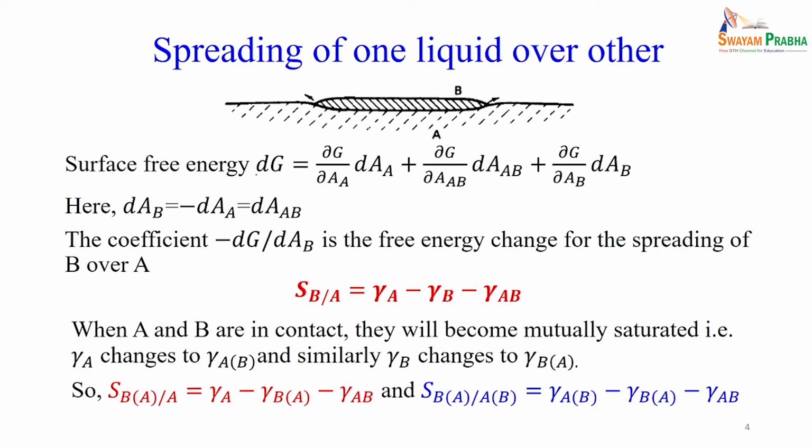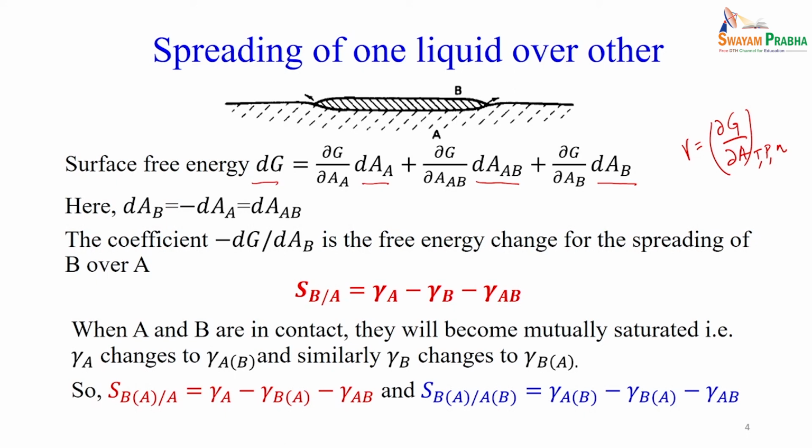Now, if you want to calculate the total free energy delta G, it will include all 3 components: dG upon dA, change in the area of A, dG upon dAB, change in the area of the interface, and dG upon dB, change in the area of B. So we are going to have 3 components A, AB and B, and as we remember we simply define surface energy as dG upon dA at constant T, P and N. So, we are considering here constant temperature and pressure.